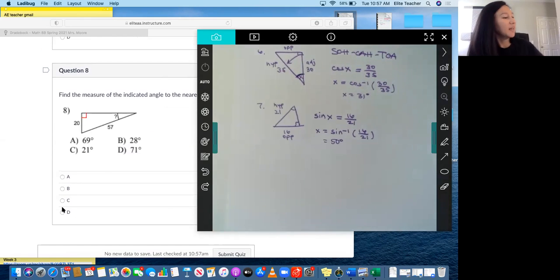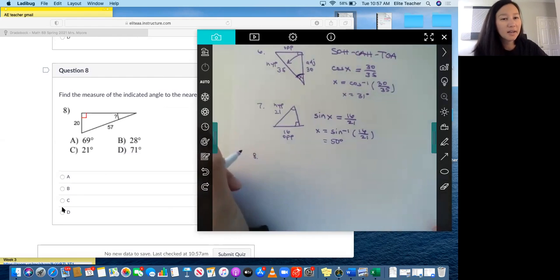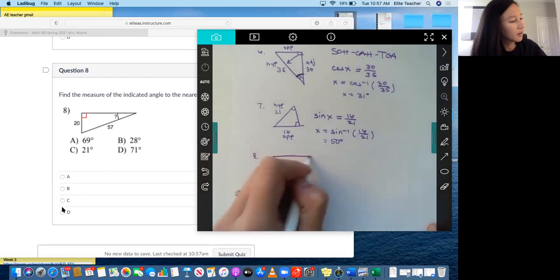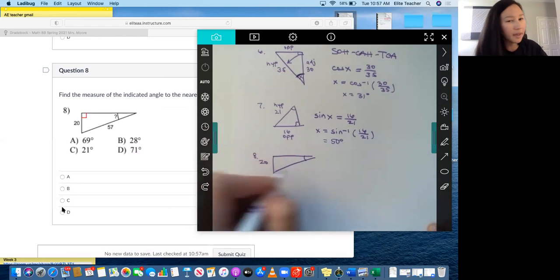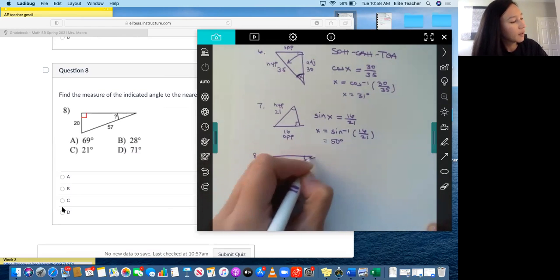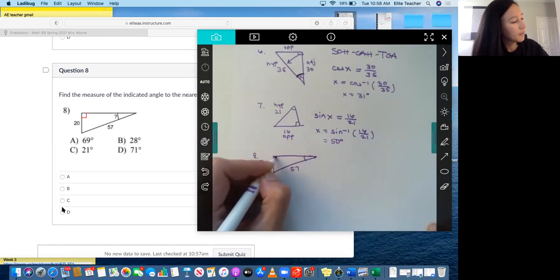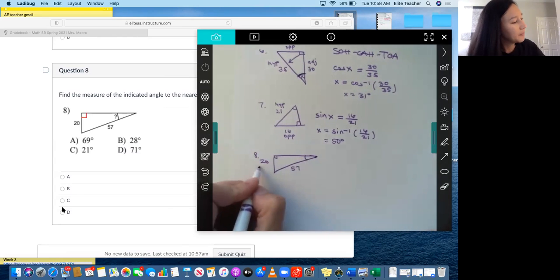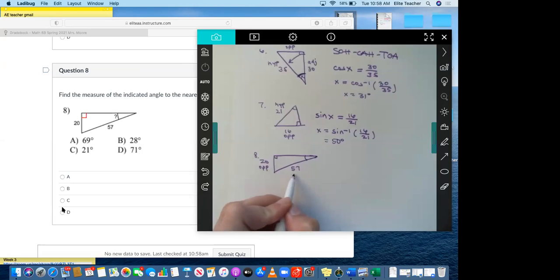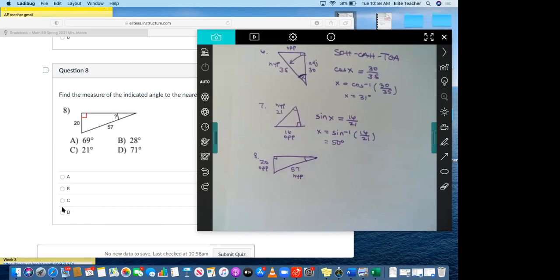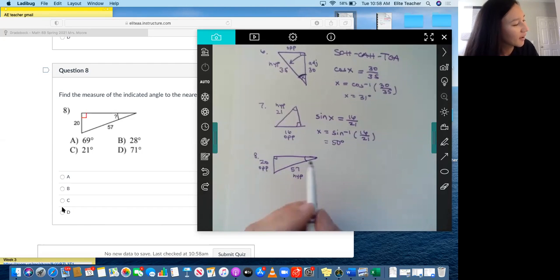Okay, Jasmine, can you help us with the last one? Thank you. Okay, so what's 20? Opposite. Yep. And 57? Hypotenuse. Yep. So is it sine, cosine, or tangent? Sine. Yep.